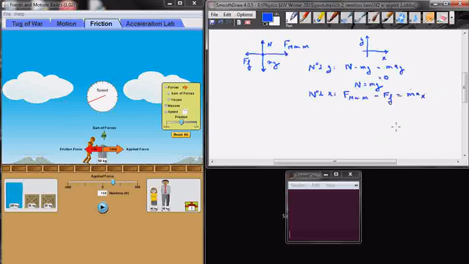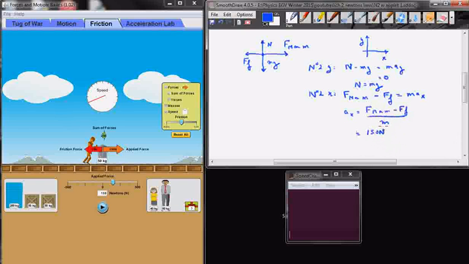And therefore a sub x is F of big M on little m minus F sub f, over little m. For our problem, that would be 150 newtons.